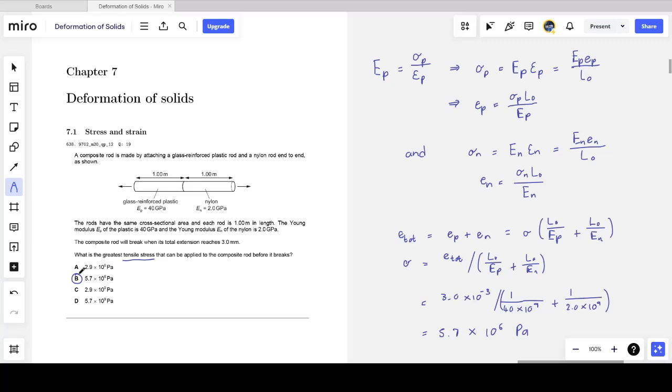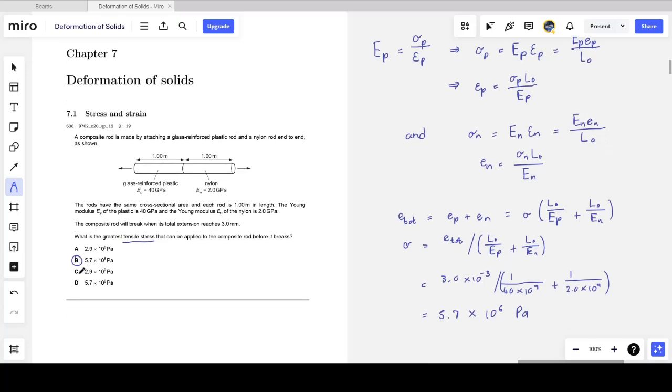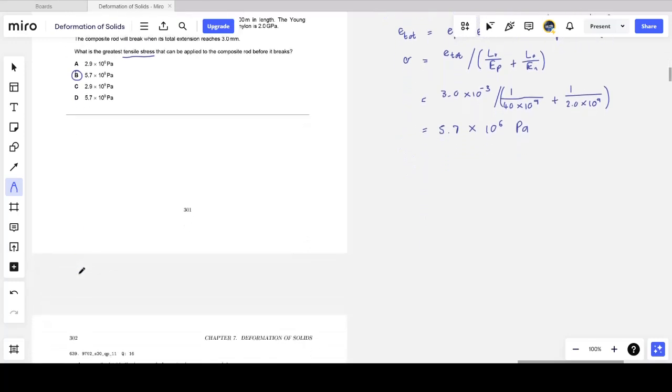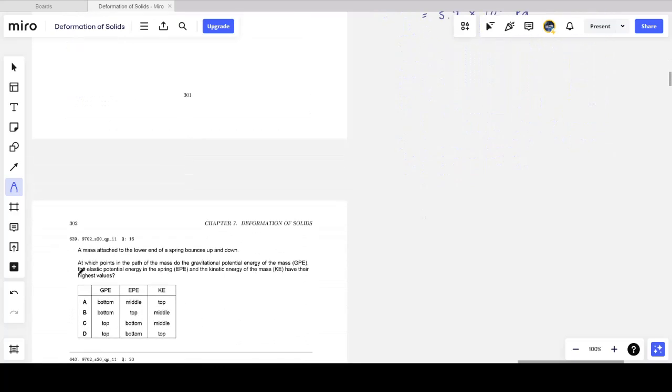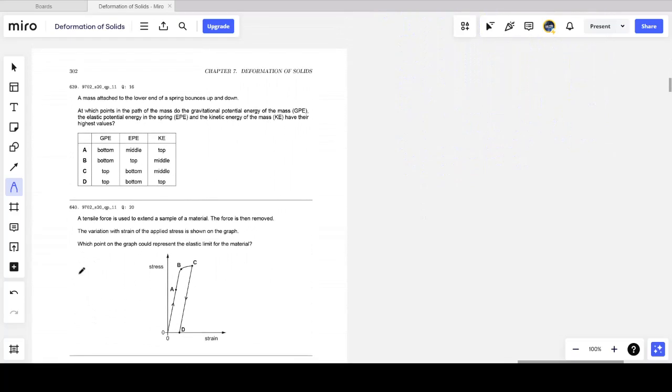So there's a lot of assumptions that you need to make in order to get to the final answer. This was probably one of the harder questions in this exam, but expect something similar to this, especially on the topic of deformation of solids, where it's common for the questions to seem a little bit on the tough side. So the correct answer there was B.